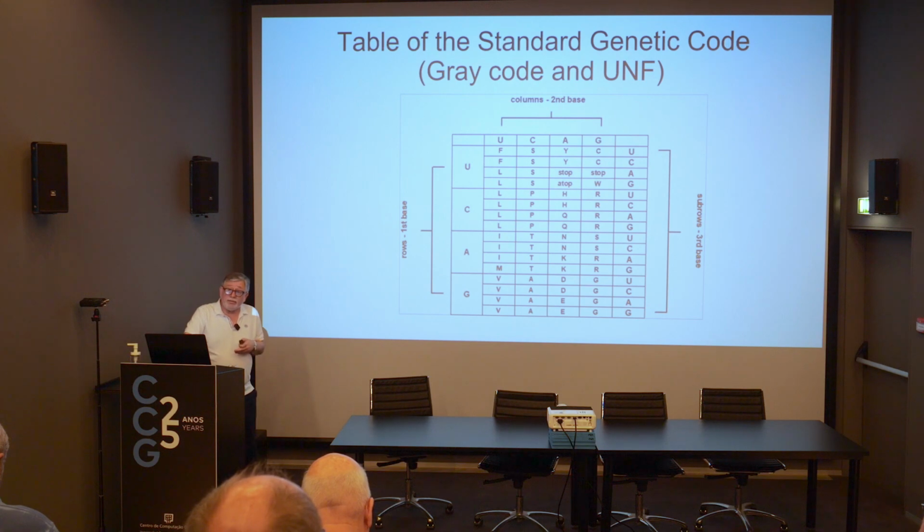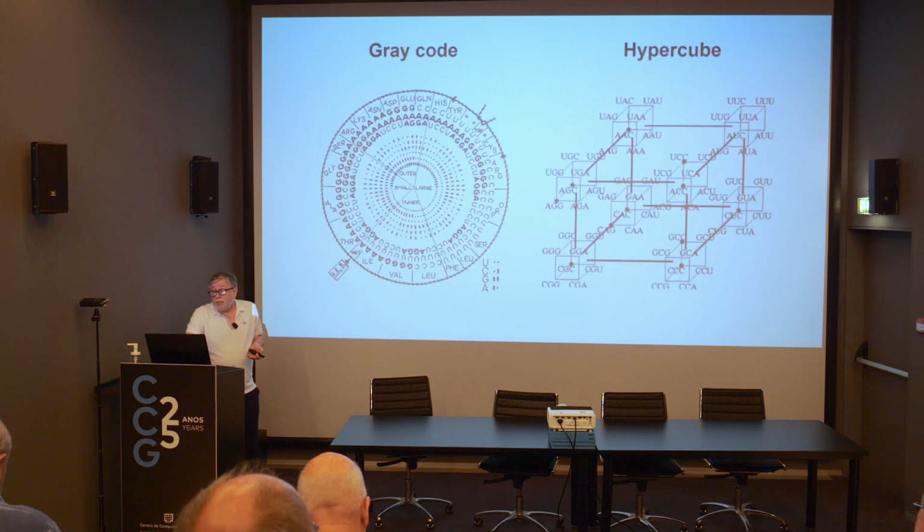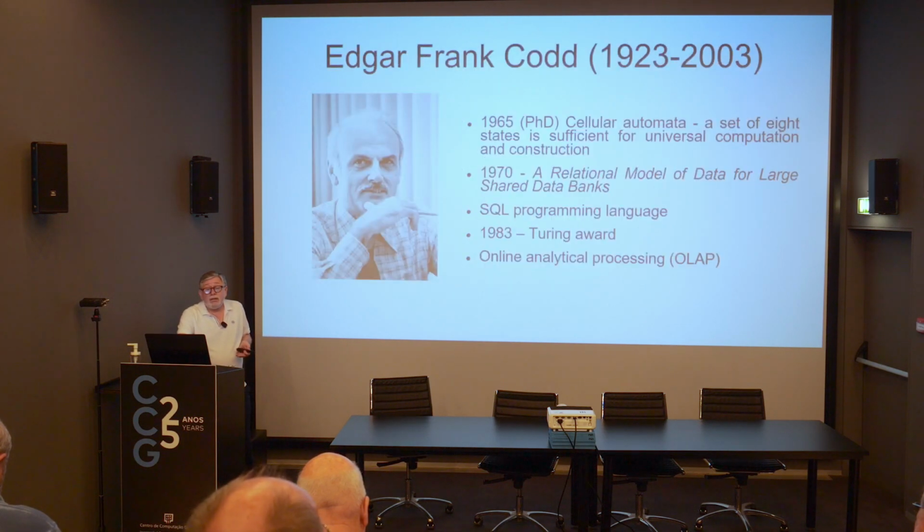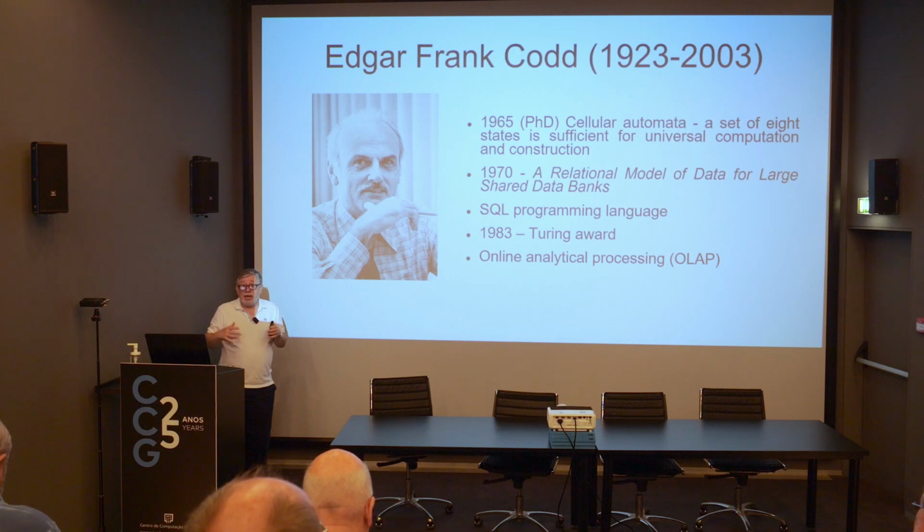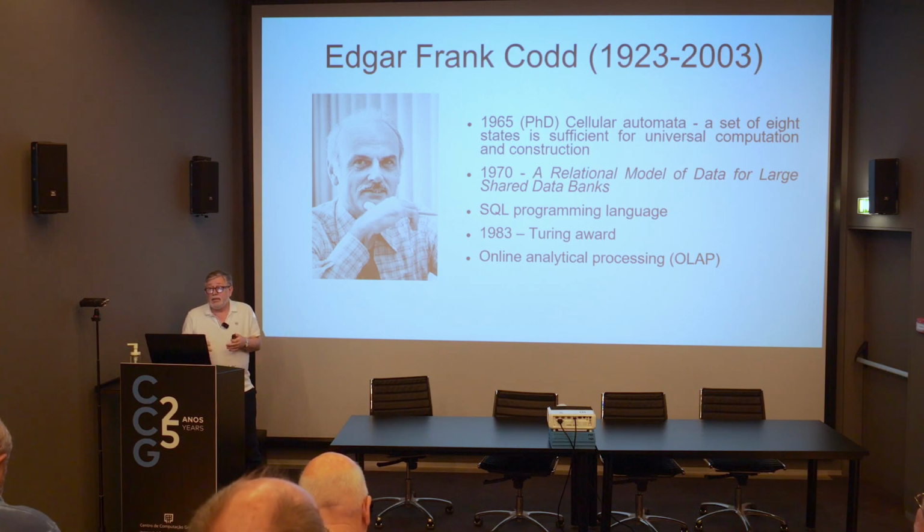So the table is practical. However, as I said, it's written in Gray code, and considering a relational model of the data, it is an unnormalized form. Unnormalized form does not necessarily mean that the table is bad. It simply means that it's written in a certain way.